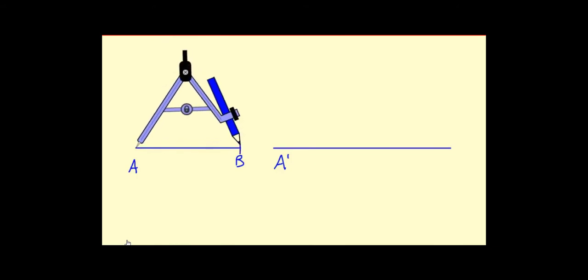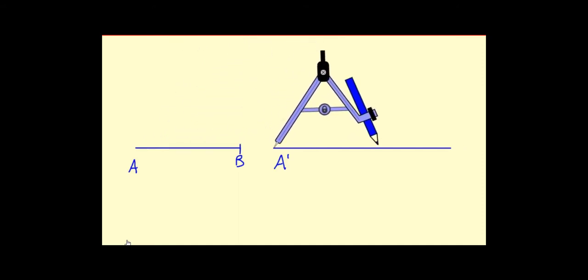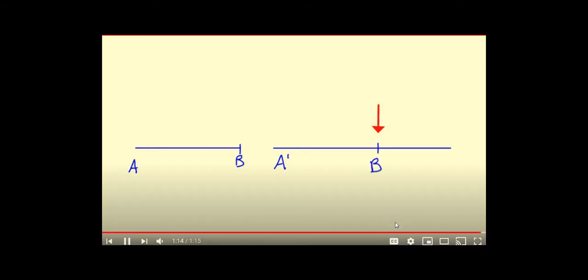I'm going to draw a small arc. Then I'm going to pick up my compass without changing it, put it on point A prime, and do the same thing. So the 2 segments now have the exact same length. To finish the problem, I'm going to label this point as B prime.